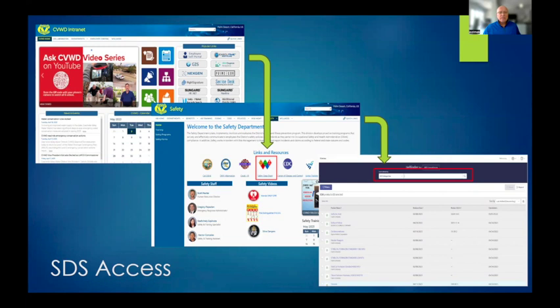Okay, if you type in safety, it takes you to a link where the safety data sheets are available to you. Double click on that and open up the library in the lower right-hand corner. And you can type in whatever chemical you want to see. We have all our SDS references for all hazardous materials, both within domestic, irrigation, sanitary. They're available to you there. I would encourage you to look at those and be familiar with those.